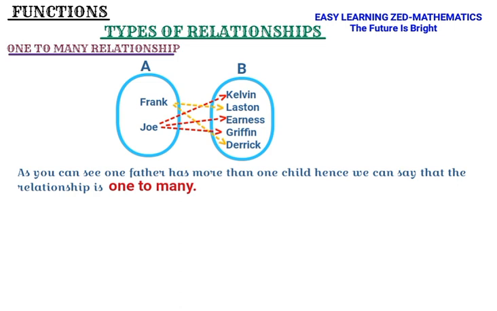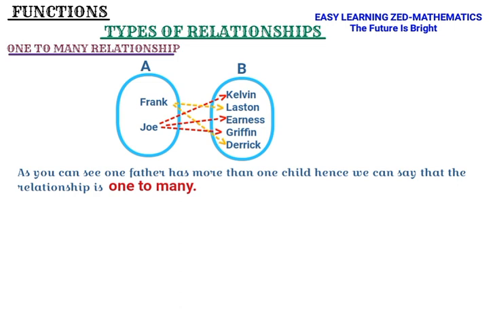Okay, now always you should pay attention to the direction of the arrows which I put in these lines. As you can see, these lines are going to the children. The arrow is pointing to the children, so the relationship is one-to-many. Okay, so the relationship demonstrated here is one-to-many.